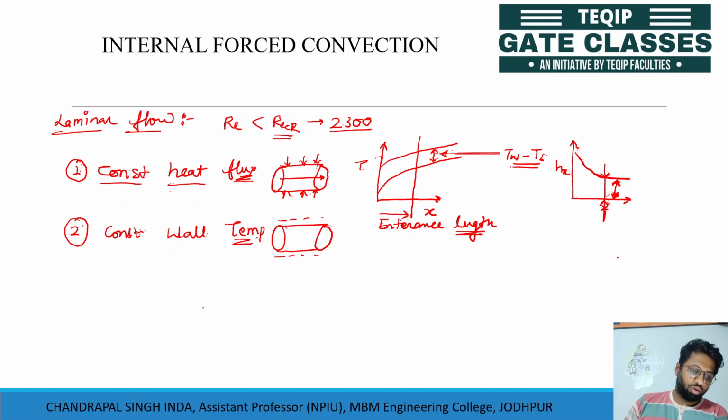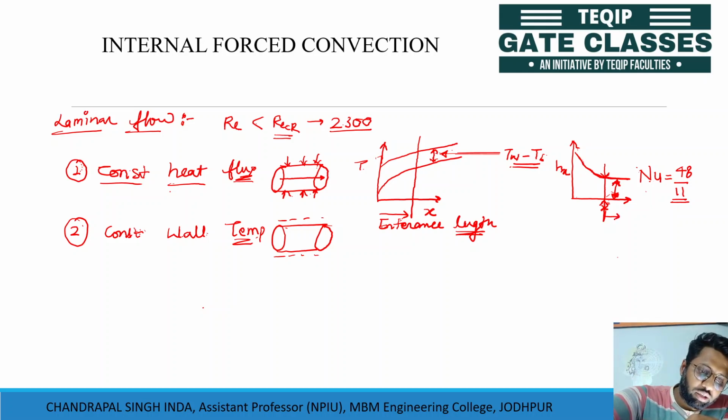So in that case the value of Nusselt number is going to be constant, and the value of Nusselt number will be equal to 48 by 11, as the convective heat transfer coefficient is going to be constant after the fully developed laminar flow.